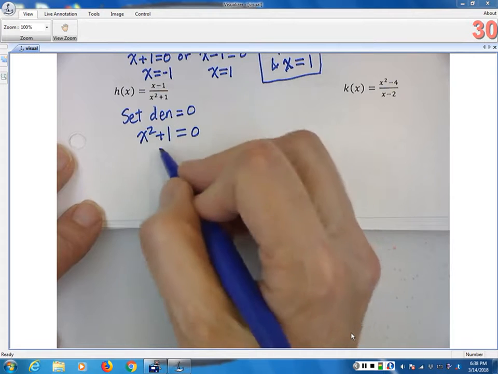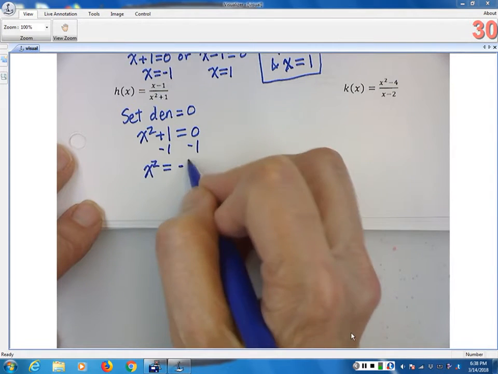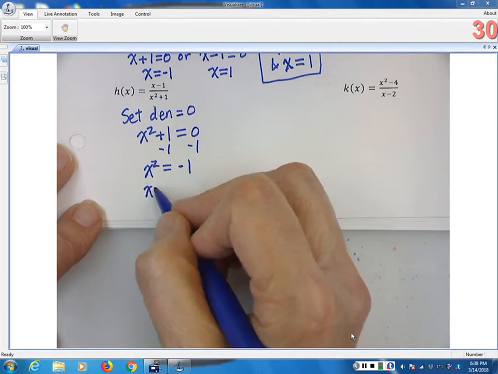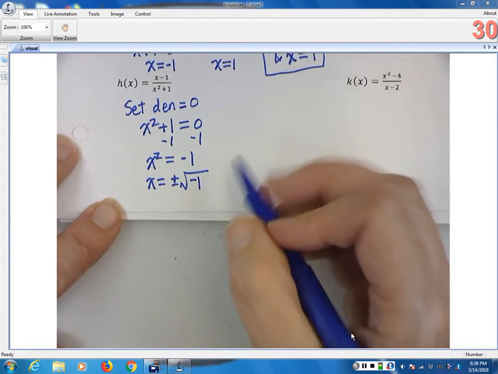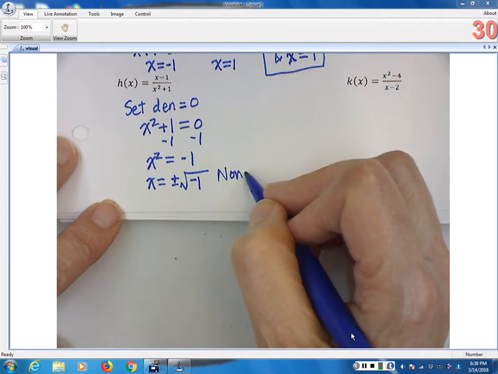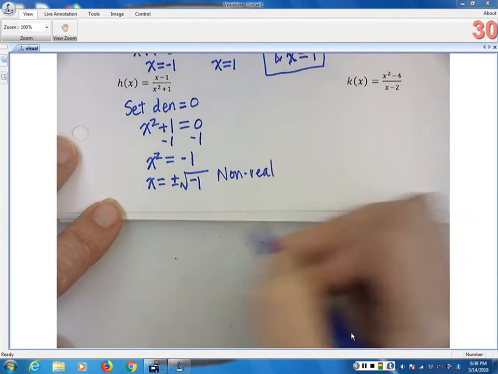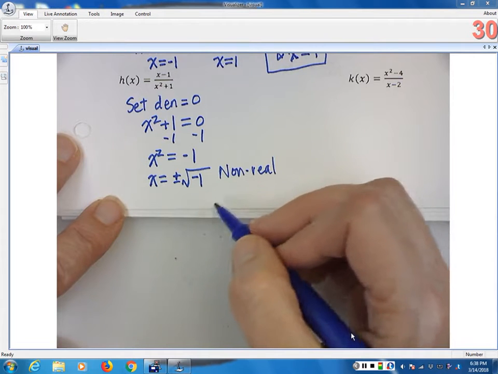So if we subtract the 1, we have x squared equals negative 1. That means x equals plus or minus the square root of negative 1. It's not real, so you can never get it to be 0.